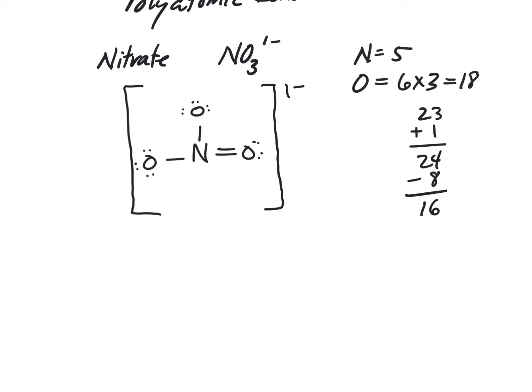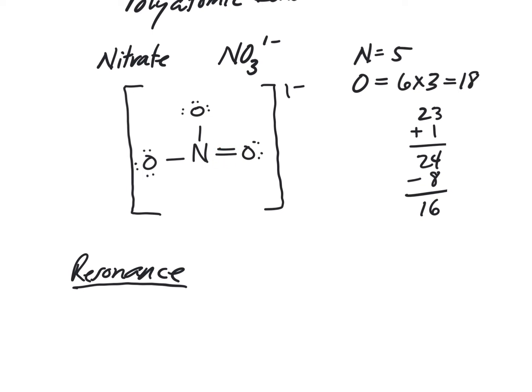We haven't talked about resonance structures or resonance in a molecular structure. Basically, all that means is that this double bond doesn't just live in this location in this molecule.